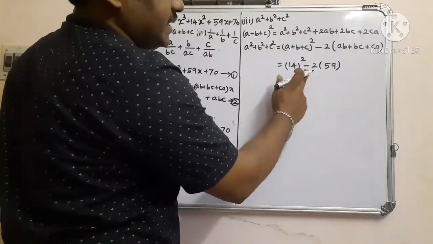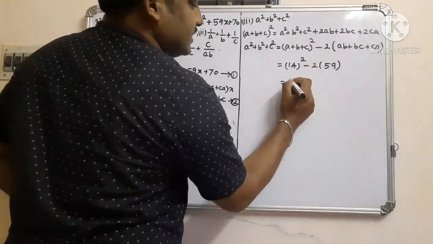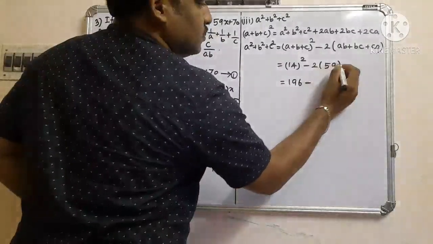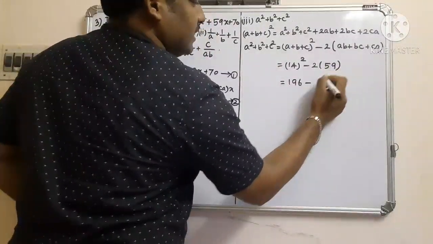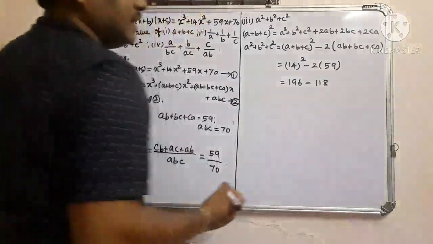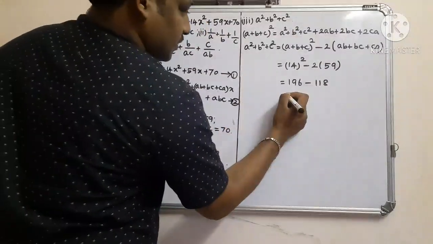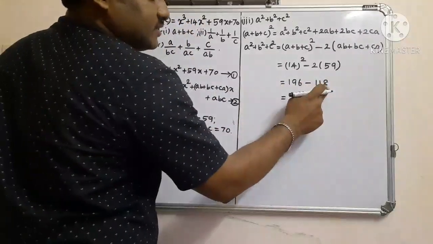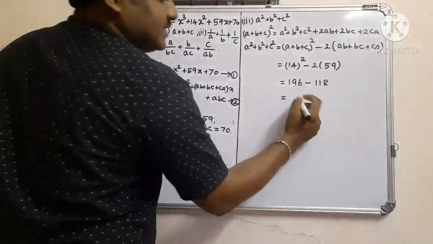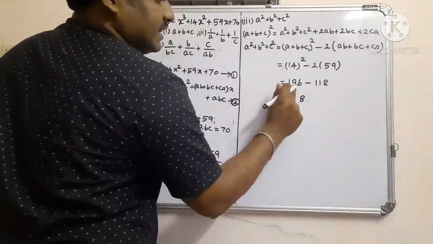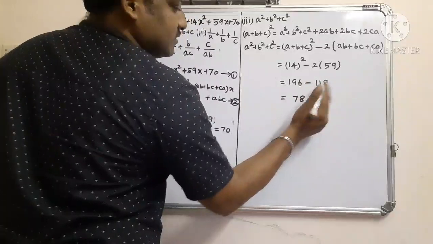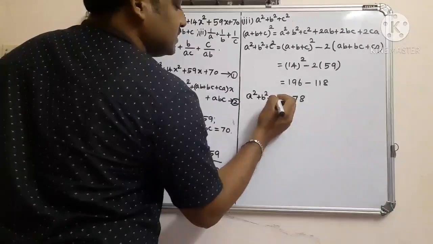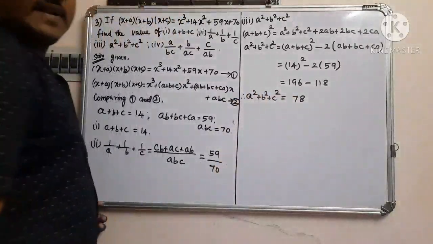So 14 square minus 2 into 59. 14 square is 196, minus 2 into 59: 2 nines are 18, remaining 1, 2 fives are 10 plus 1, 118. Now 196 minus 118. 6 minus 8 is not possible, so 16 minus 8 is 8. 9 becomes 8, 8 minus 1 is 7, 1 minus 1 is 0. So a square plus b square plus c square value is equal to 78.